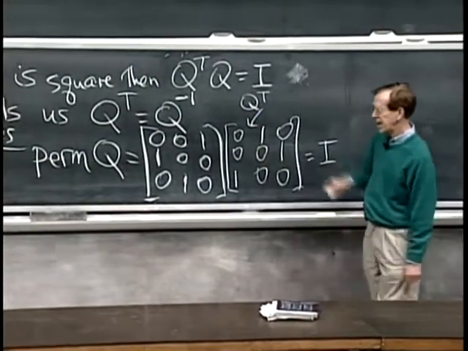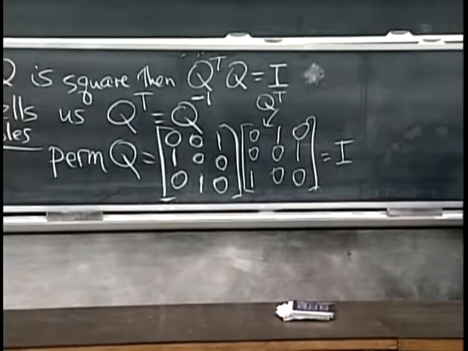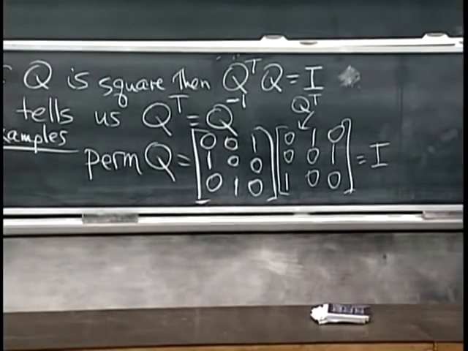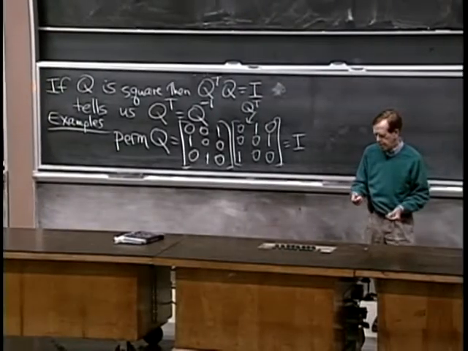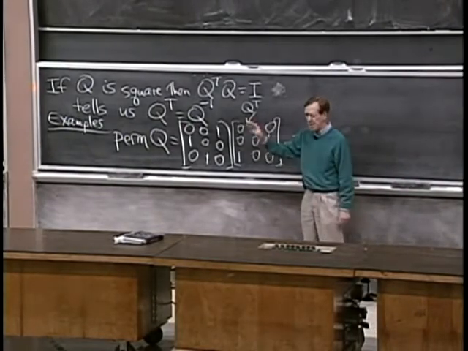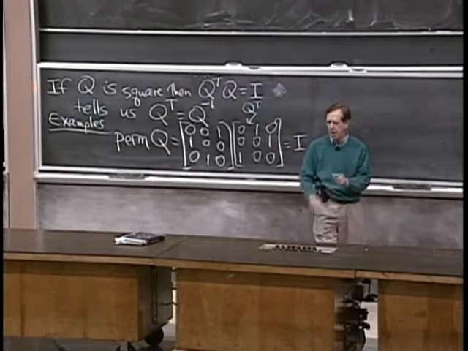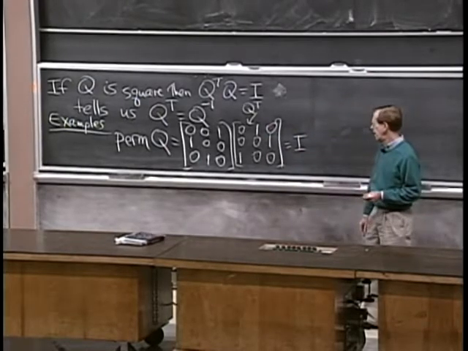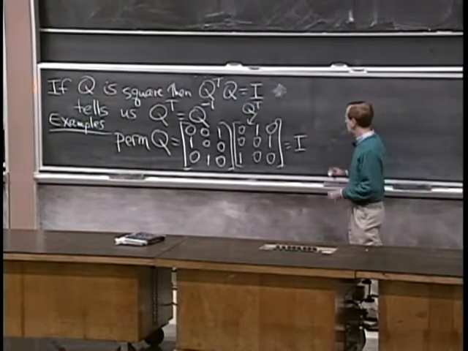But those are real easy examples, right? To get orthogonal columns by just putting ones in different places is too easy. So let me keep going with examples.